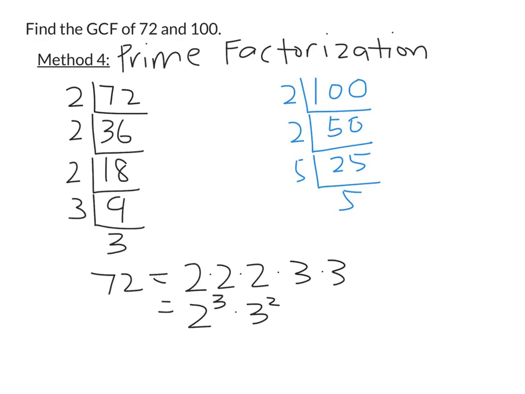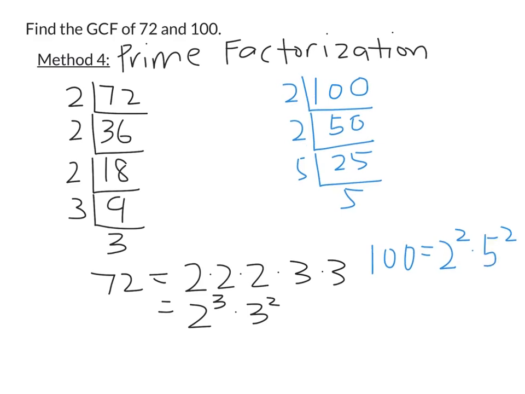So 100 is written as 2 to the power of 2, because there are two 2's, 2 squared, and 5 squared. From here, you can see that 2 is common to both numbers, and there's a 2 squared here and a 2 to the power of 3.